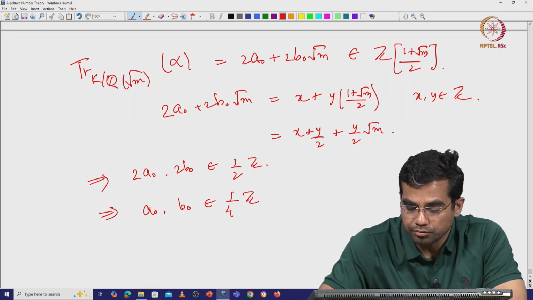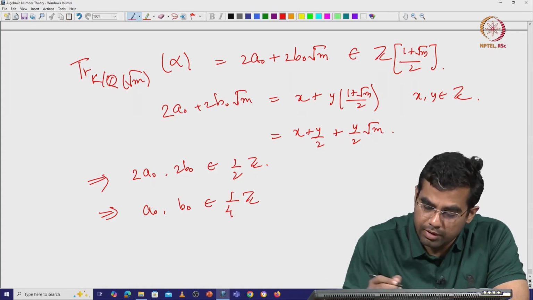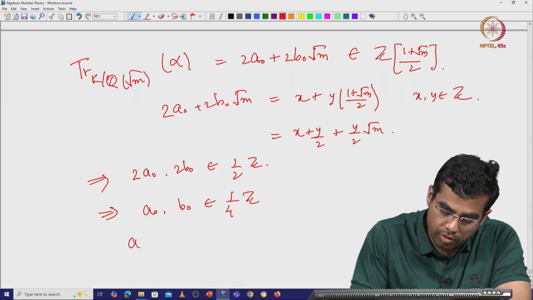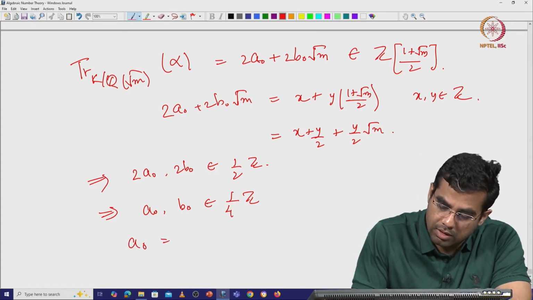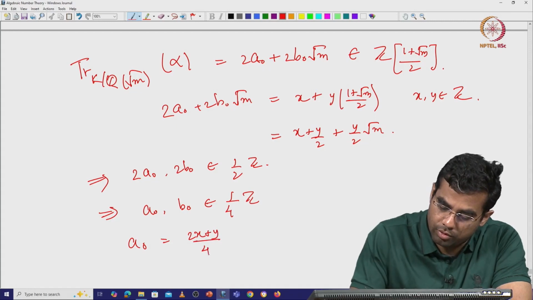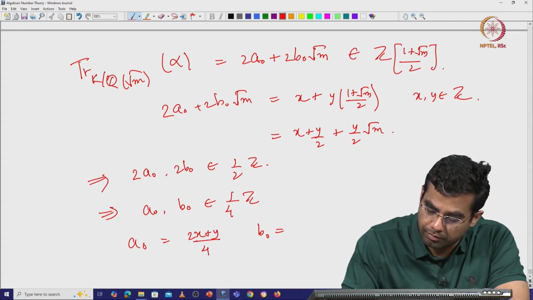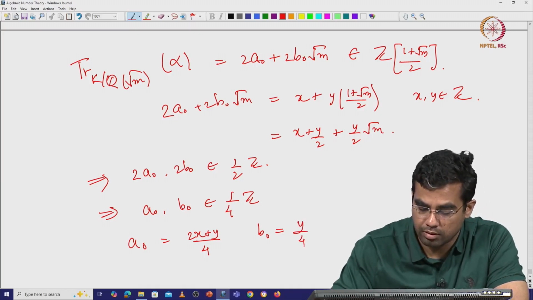Okay. Furthermore, you have a more concrete relation. This is (2x plus y)/4, and b0 is y/4.